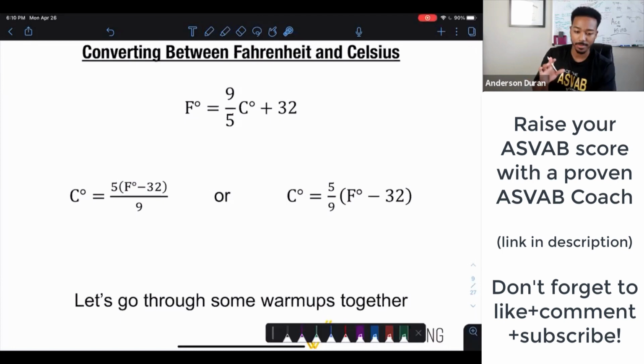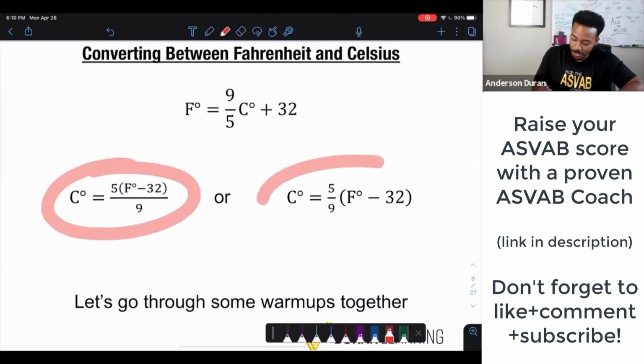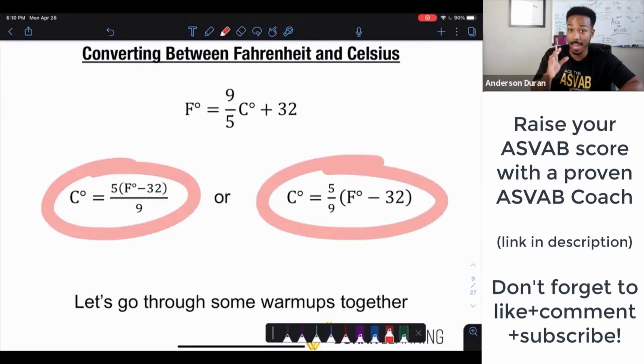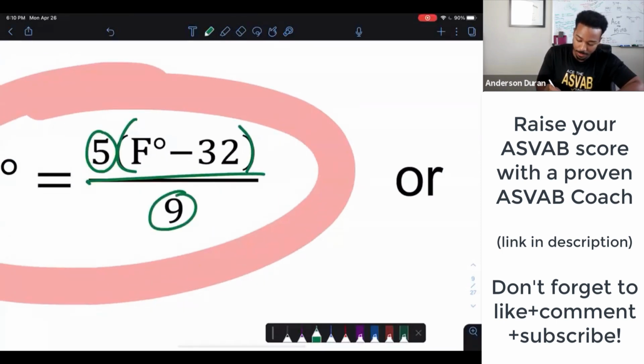Now, everybody, drop the pencils for a second. I'm going to let you write everything down, don't worry, but just drop the pencils for a second. I want to make sure that you understand that this right here and this right there are the exact same thing. Notice how here you have 5 times this whole parentheses, then divide by 9.